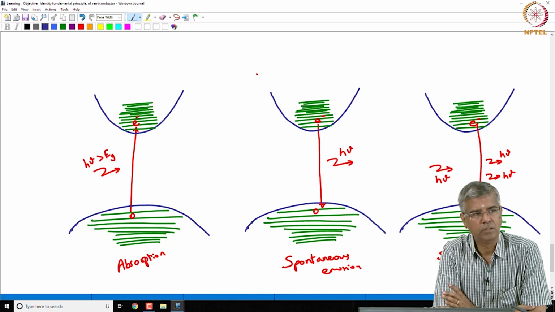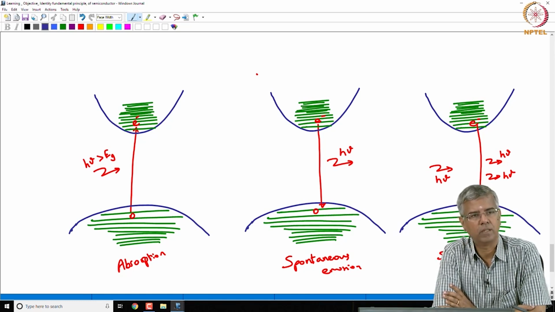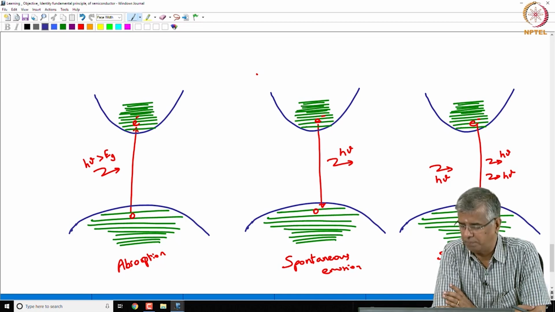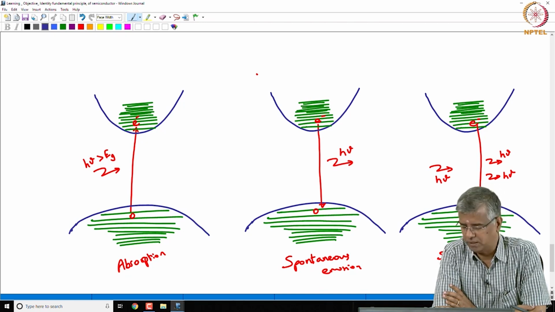an electron recombining with a hole. So, an electron in the conduction band recombining with a hole in the valence band could lead to light emission, especially if the band gap is much greater than the thermal energy. So, typically we are looking at band gap energies.